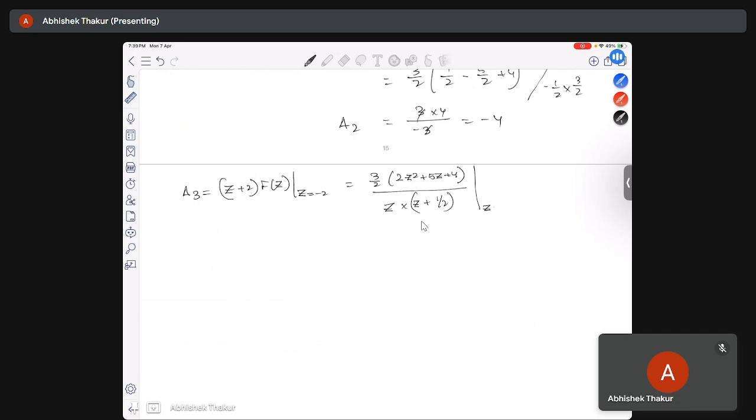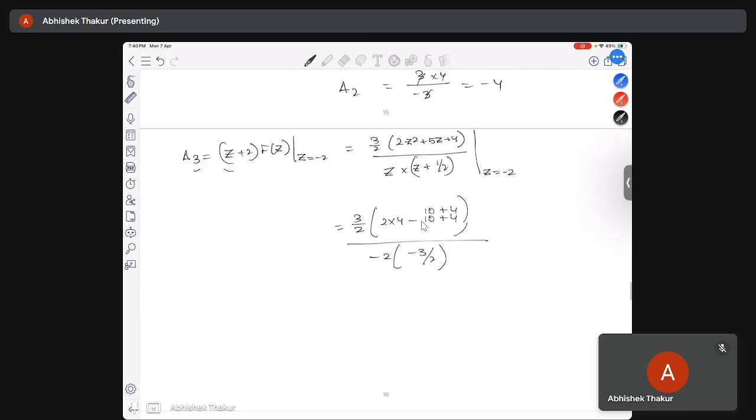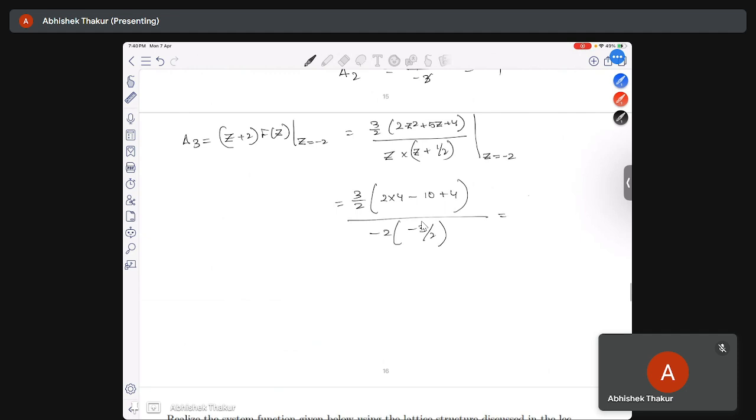And here we have to substitute z equal to minus 2. We will get 3/2 (2 into 4 minus 10 plus 4) divided by minus 2 into minus 3/2. 8 minus 10 plus 4 is 2, divided by 3. So this will become 1.